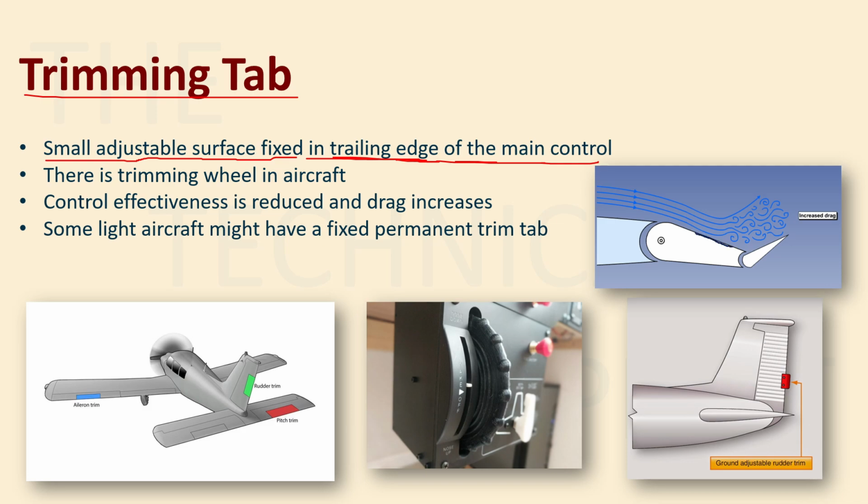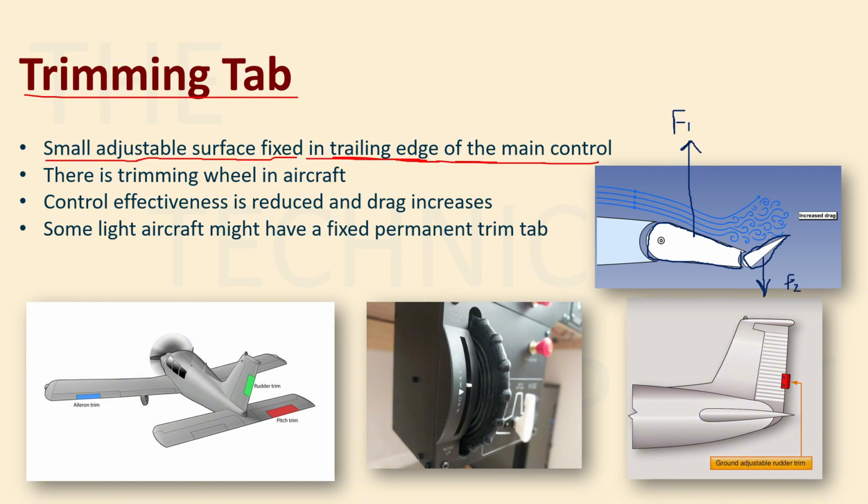The control surface will be generating a force, from the last lecture again. Since it is deflected downwards, it will be generating a force upwards, right? So this would be the force generated by the control surface. Let's call it F1, right? And the trimming tab is deflected upwards, so it will generate a force downwards. And this would be F2.